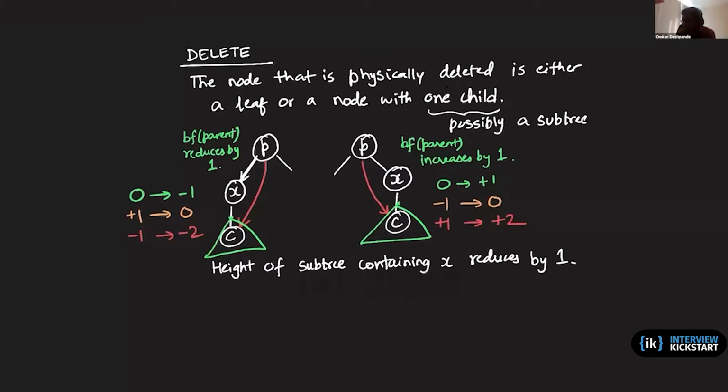Likewise, if there was another subtree here, even the branching factors there won't change. So we have to focus on P, and P is where the change happens. So what would happen if the branching factor was 0? That means things were balanced on both sides of P, and by the removal of X, now suddenly things become slightly imbalanced. Are there going to be any repercussions of that further up?